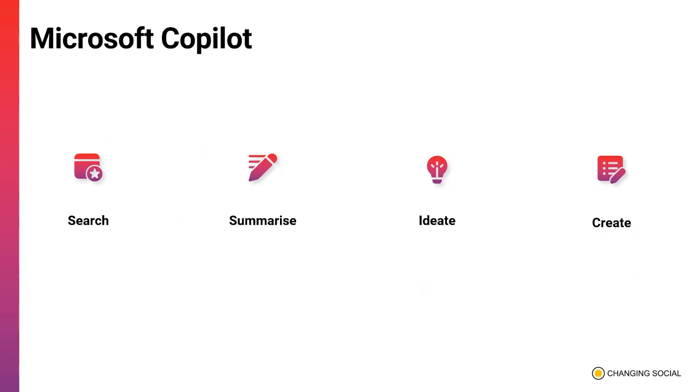We can then engage in a conversational style with Copilot, and we can start to extract more information from the documents that we interact with every day. The ideate and create piece often get confused, so we can ask it to provide ideas and it will give back content that perhaps hasn't been included in a document, or it can give you ideas on questions.